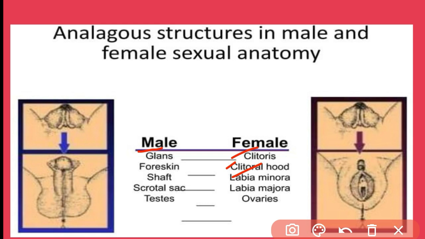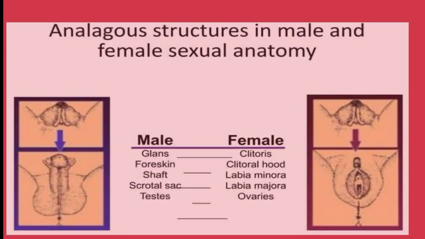Scrotal sac of the male is analogous to the labia majora of the female reproductive system, whereas the ovaries in a female reproductive system are analogous to the testes of male. So this is about the male reproductive system.